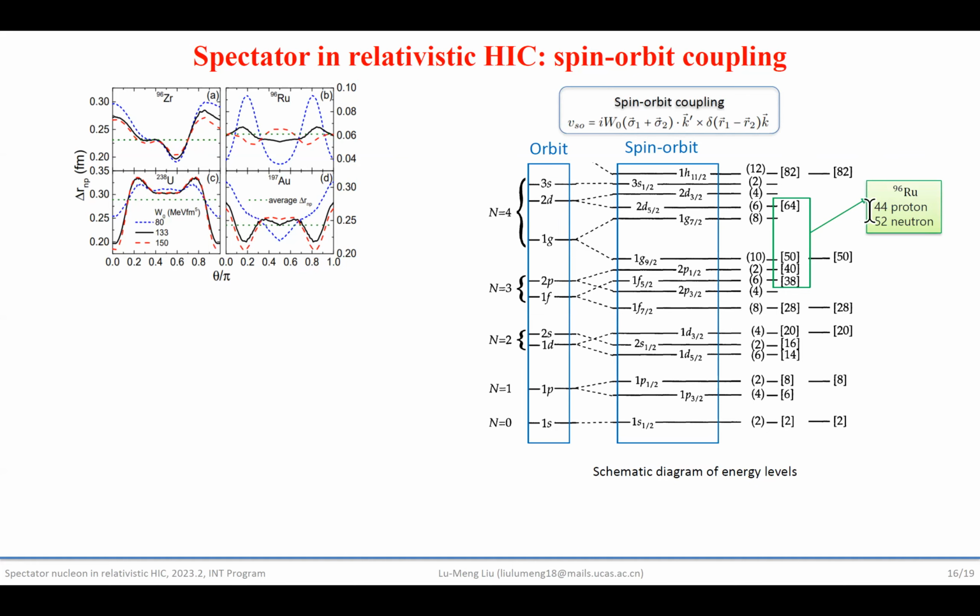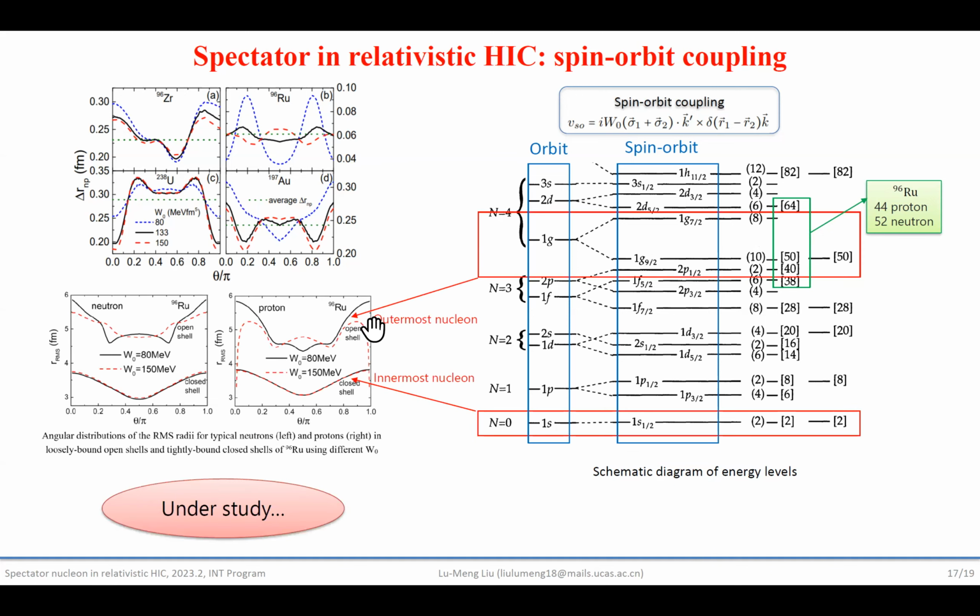Ruthenium has 44 protons and 52 neutrons. It is seen that the angular distribution of the outermost nucleons in the open shells is most sensitive to the strength of the spin-orbit coupling compared with those of the innermost nucleons in the closed shells, where the spin-orbit coupling strength has almost no effect.